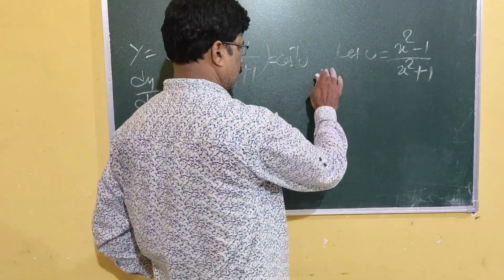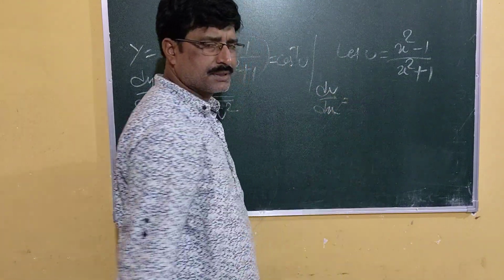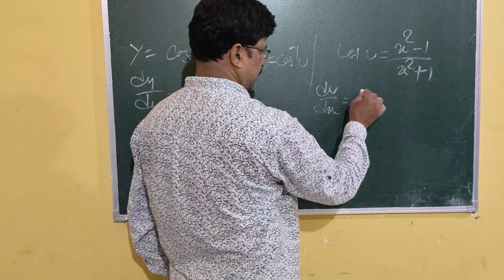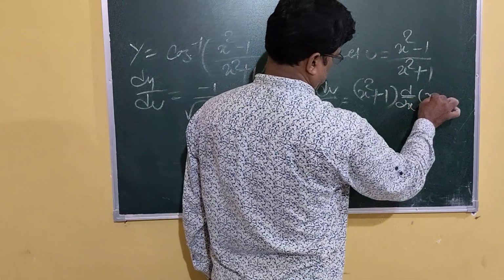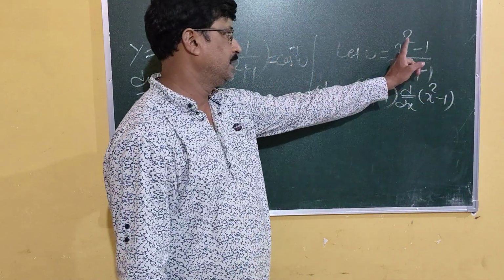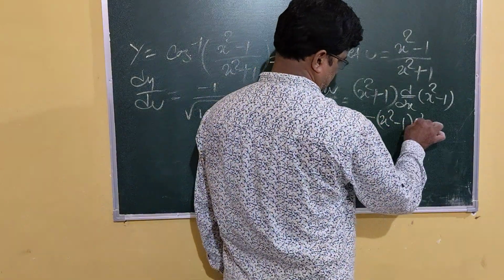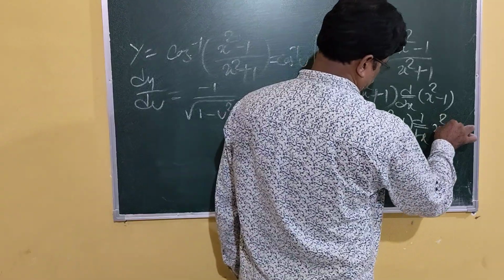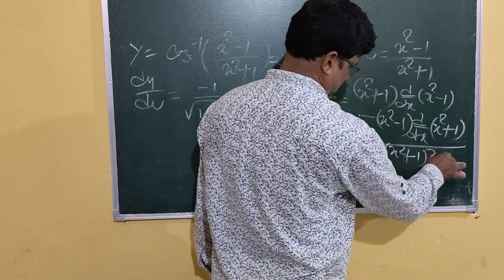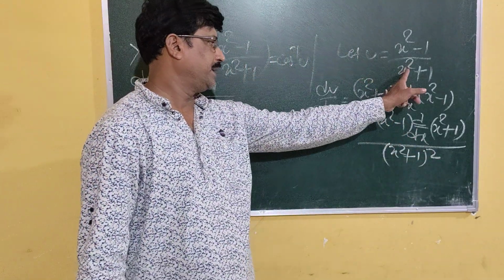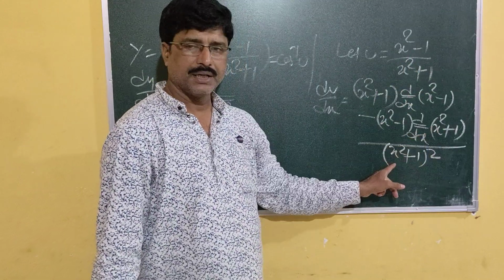Using the u by v formula: v times derivative of u minus u times derivative of v, by v square.